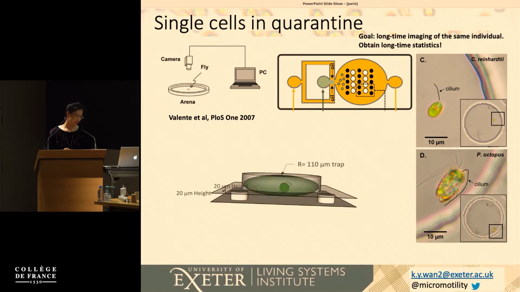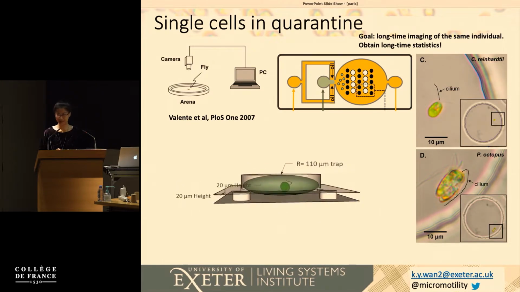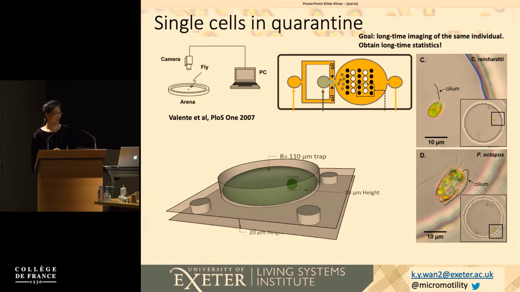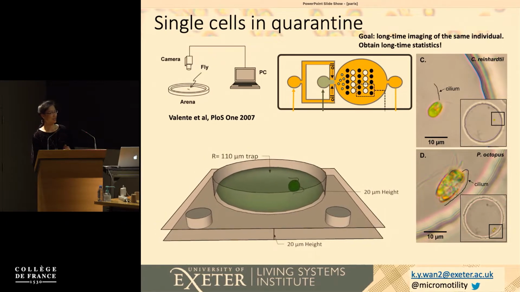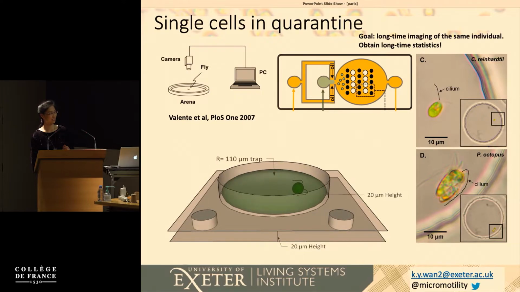To begin with, we wanted to compare and contrast 2 different species of these microalgae that I showed you in the title slide. This is known as Chlamydomonas, where each cell has 2 equal-length cilia. The one on the bottom is the one that you've already seen. This is the Pyromonas octopus species, which has precisely 8 cilia.